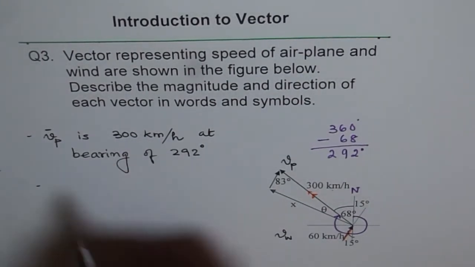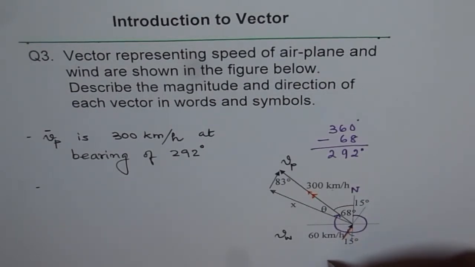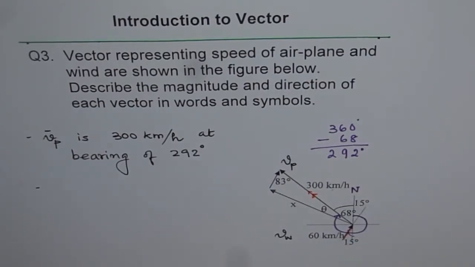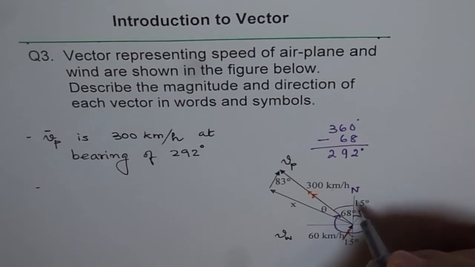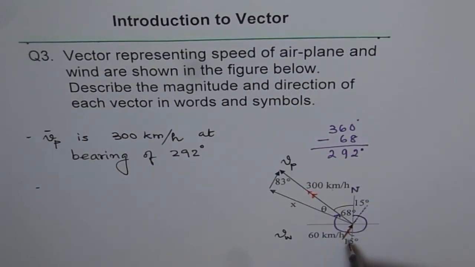And then for the wind, the wind is coming from the south direction and going in this direction. What is this angle? Let's extend this arrow. Here we are given 15 degrees.